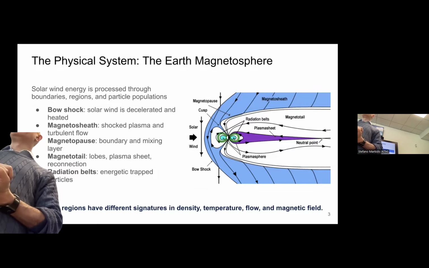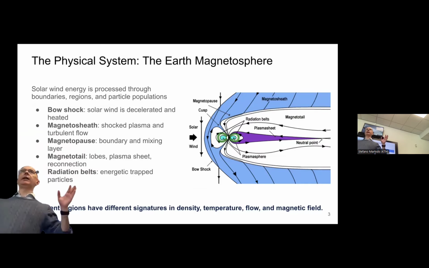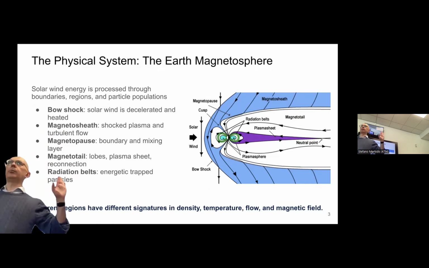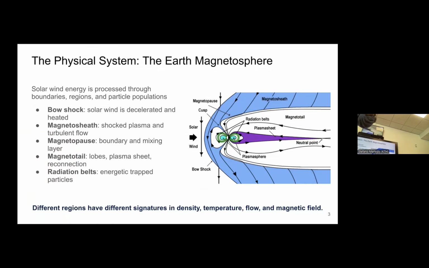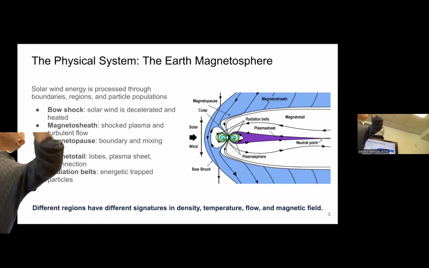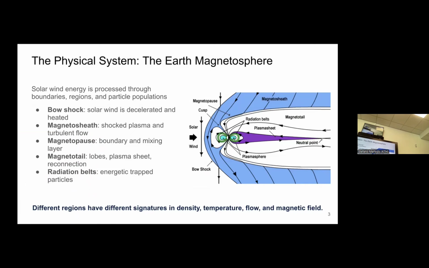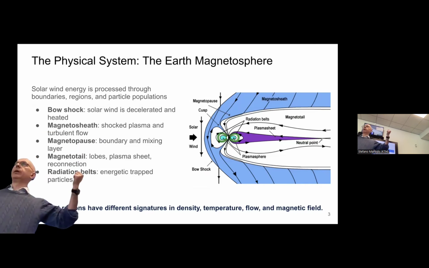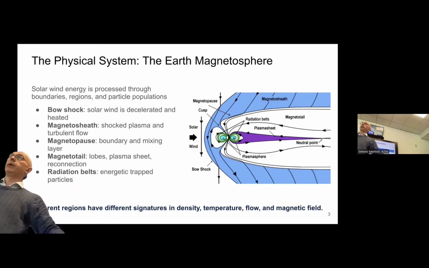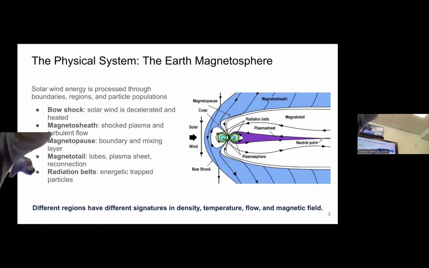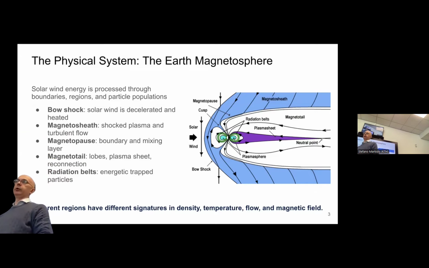The tail is also very interesting. The effect of the solar wind impinging on the dipole of the Earth is compressing it in a shock on the dayside, and then elongating it on the tail, right? If you think from just an MHD perspective, the plasma is dragging the magnetic field and extending it on the tail.